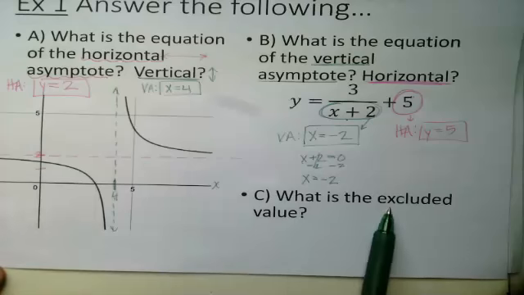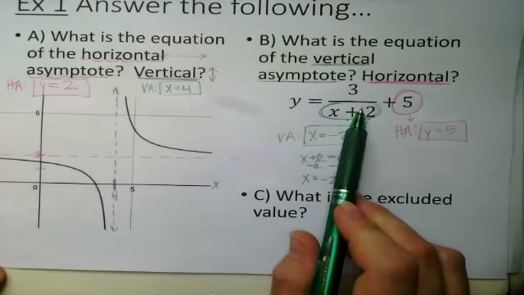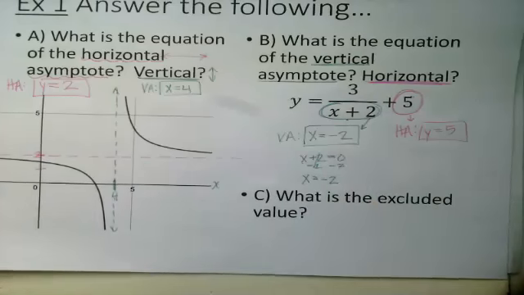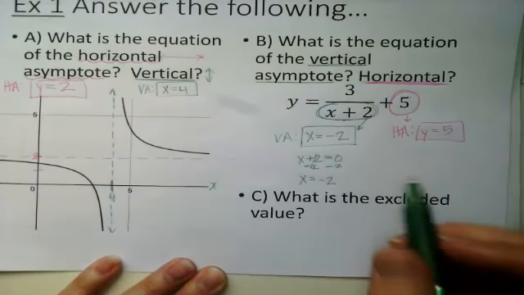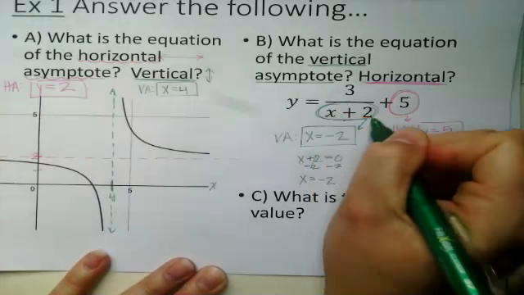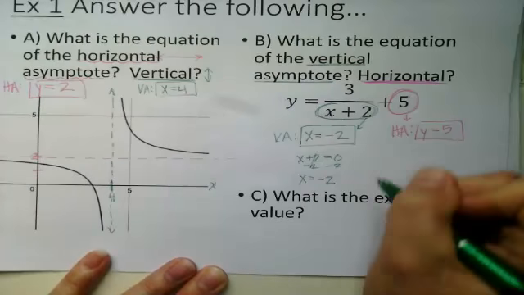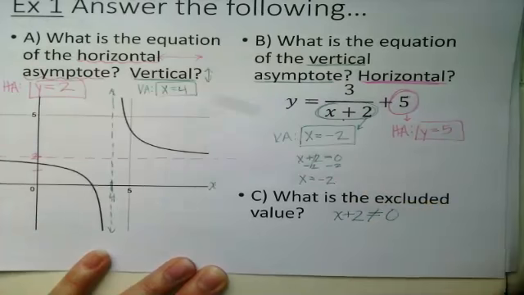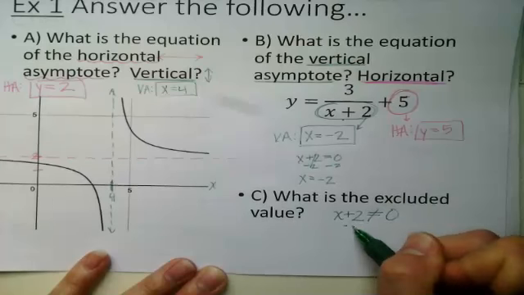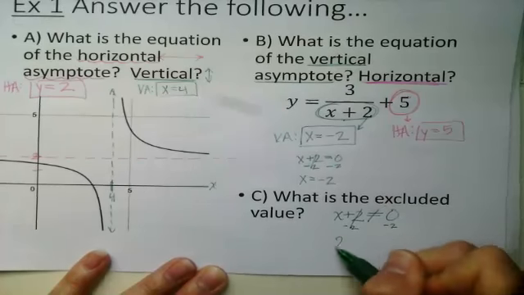What is the excluded value of this above equation? Again, the excluded value is what we're not allowed to be. And we're not allowed to divide by 0. So x plus 2 is not allowed to be 0. And again, that's a very easy equation to solve. We're just going to move the 2 over.